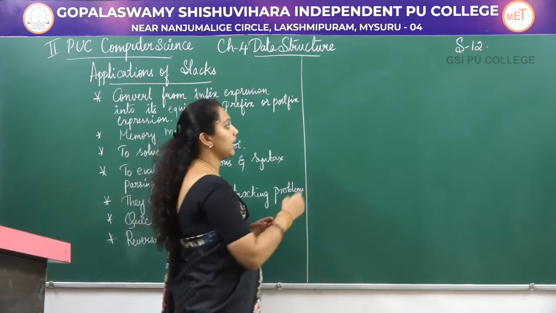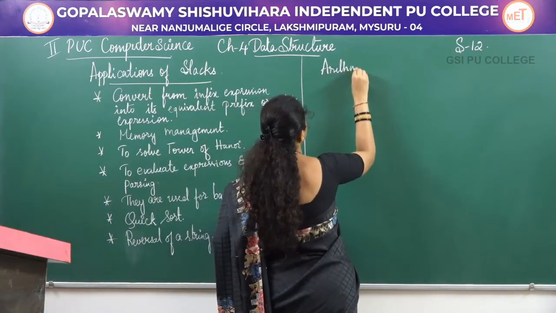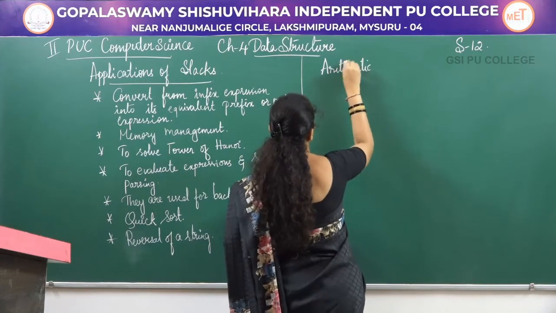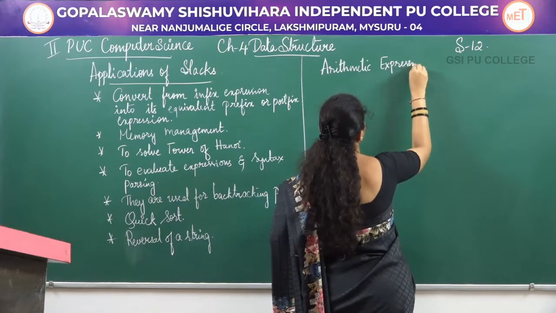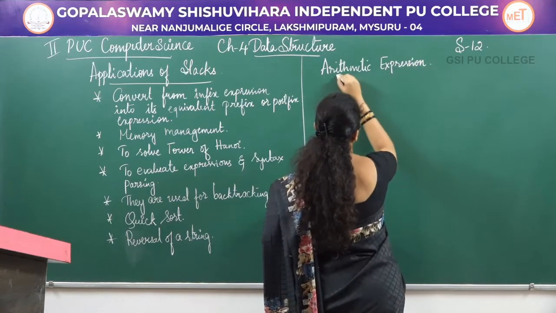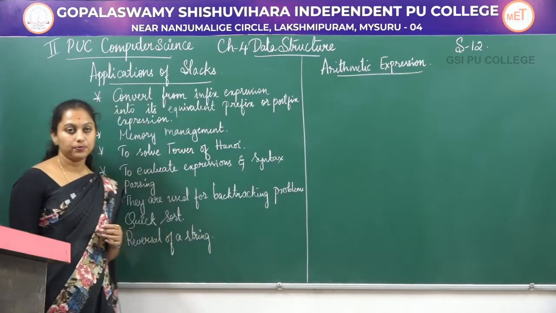Next is arithmetic expression. What is an arithmetic expression? An arithmetic expression is a combination of operators and operands.